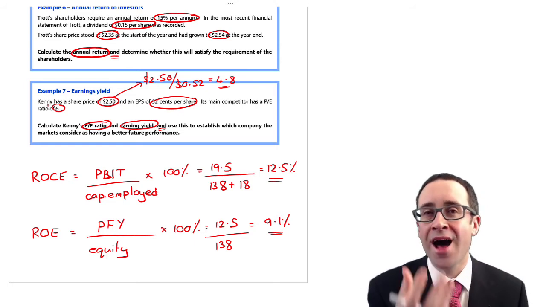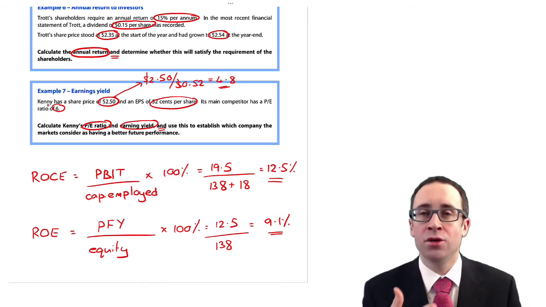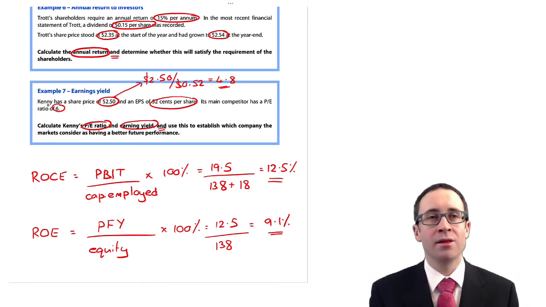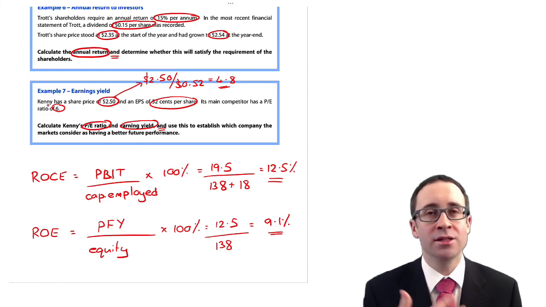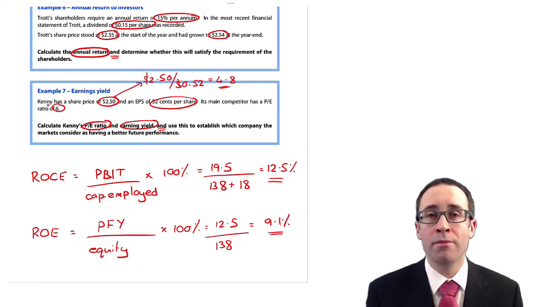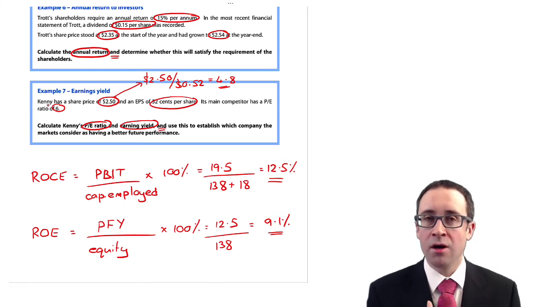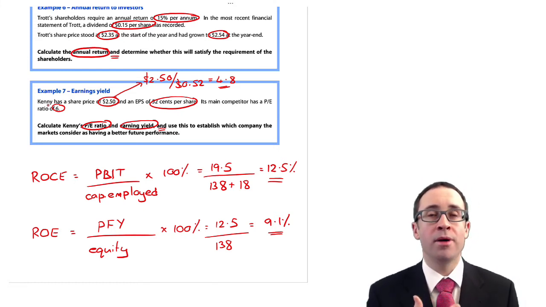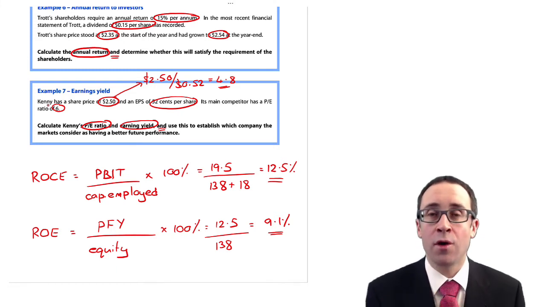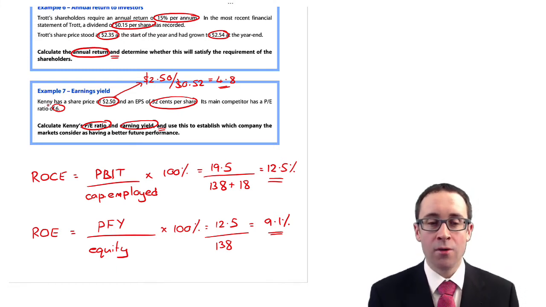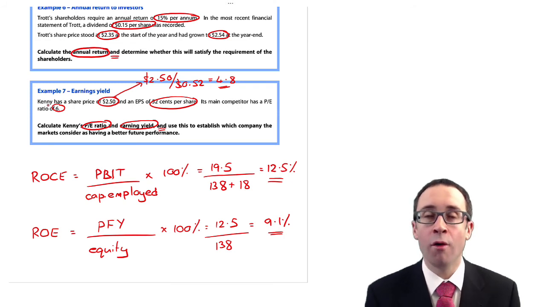So if you have a higher price in relation to your earnings, then that must mean that the markets are predicting that there will be better sales and therefore better earnings in the future, and therefore we will be prepared to pay more. So the market is saying that we will be prepared to pay 6 times our earnings, whereas our company Kenny, the shareholders are only prepared to pay 4.8 times the earnings.